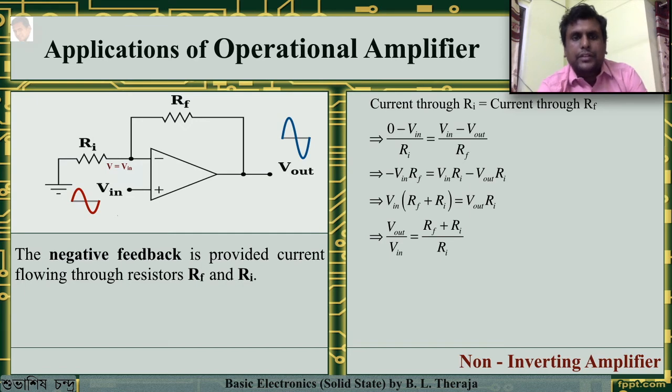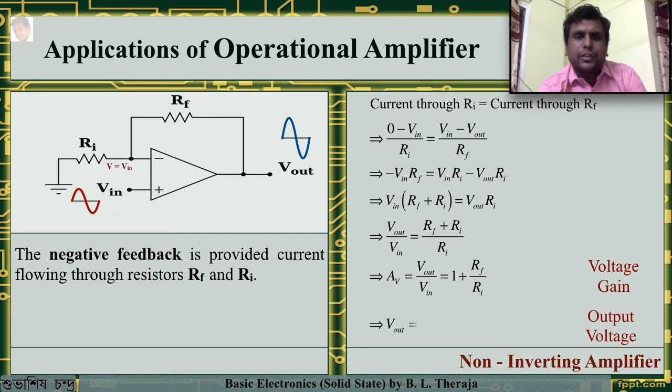This is the voltage gain, AV, which is 1 plus RF by RI. So the output voltage is 1 plus RF by RI into the input voltage. The gain in case of a non-inverting amplifier is always greater than or equal to 1, and the output is always in phase with the input.